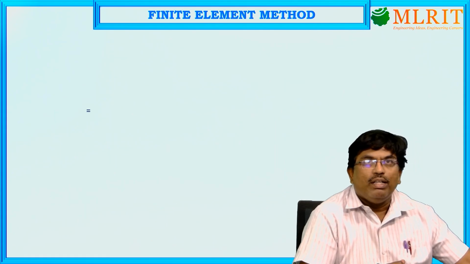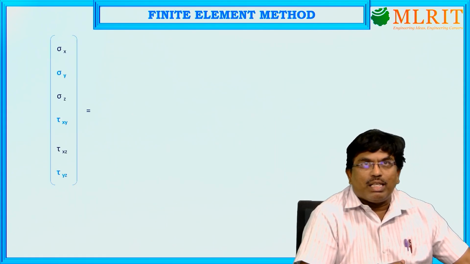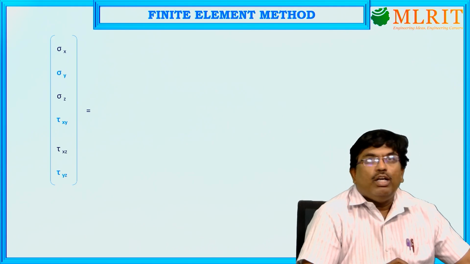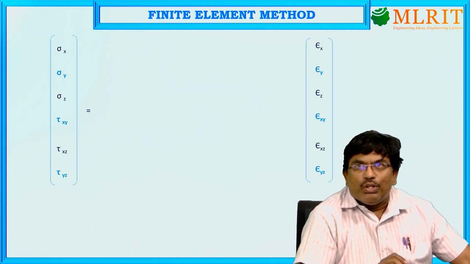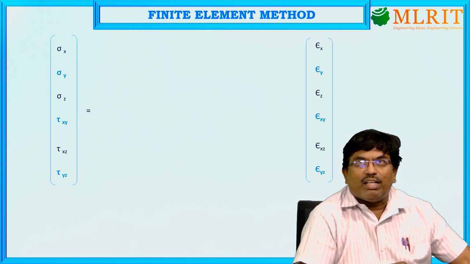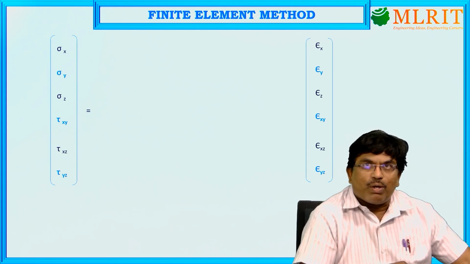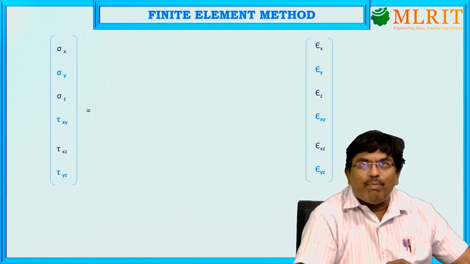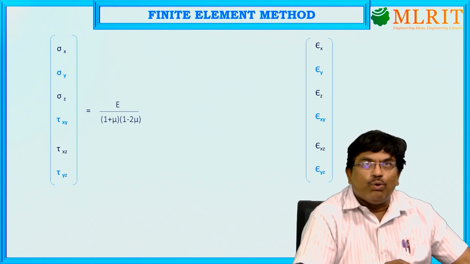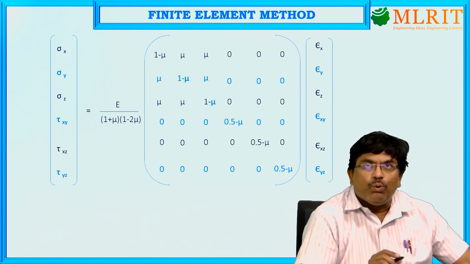So finally, the stress vector sigma x, sigma y, sigma z, tau xy, tau xz, tau yz equals D, that is C inverse, into the strain vector epsilon x, epsilon y, epsilon z, epsilon xy, epsilon xz and epsilon yz. So the D matrix, that means C inverse, equals E by 1 plus mu into 1 minus 2 mu into this matrix.